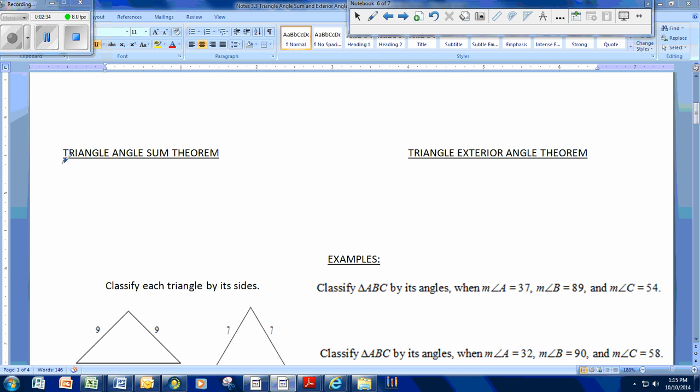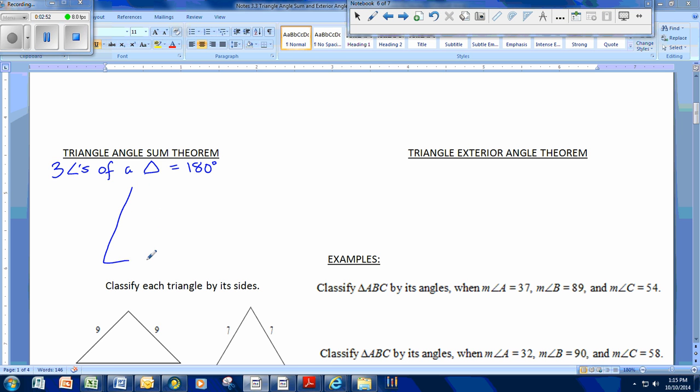Now let's talk about the triangle angle sum theorem. What the triangle angle sum theorem states is that the three angles of a triangle have a sum of 180 degrees, no matter what, okay?